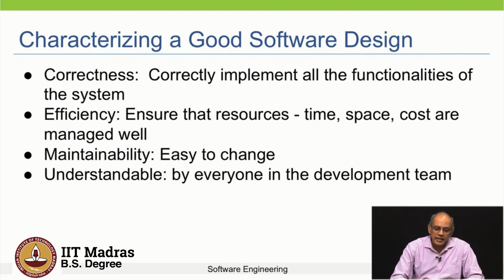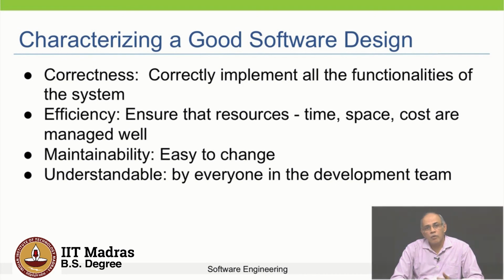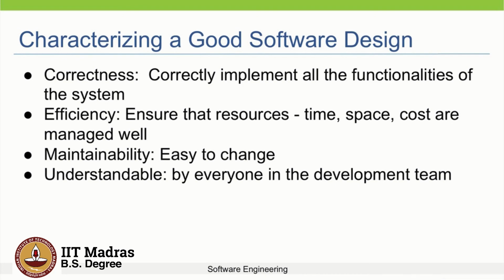So apart from correctness, understandability is also an important issue to consider while judging a design. In this week, we will look at certain characteristics which make the design more understandable, hence in turn leading to creation of better designs.